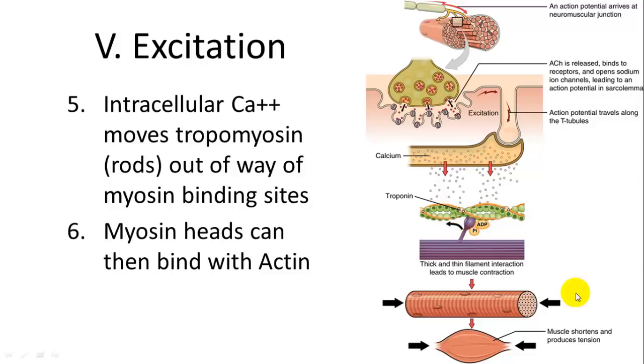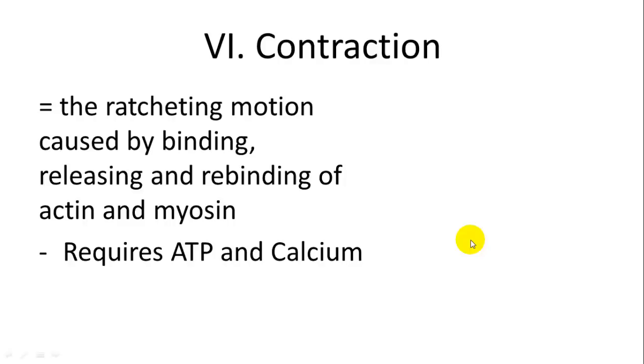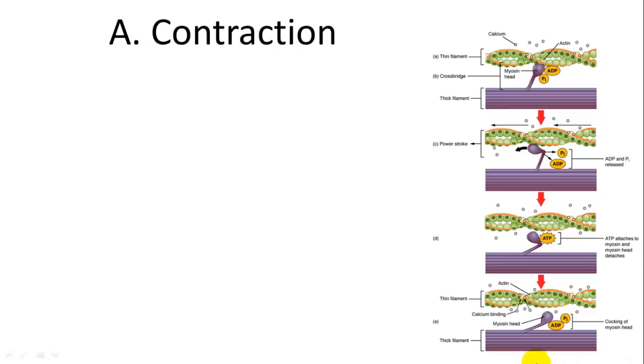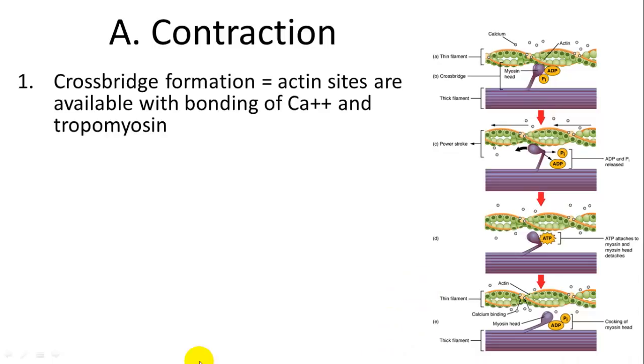Okay, so now you have all the elements in place for binding, and that binding then goes through a process called contraction, where essentially the ratcheting motion of the myosin heads binding and then releasing and binding again pulls the actin and myosin closer together. So that is the contraction part.